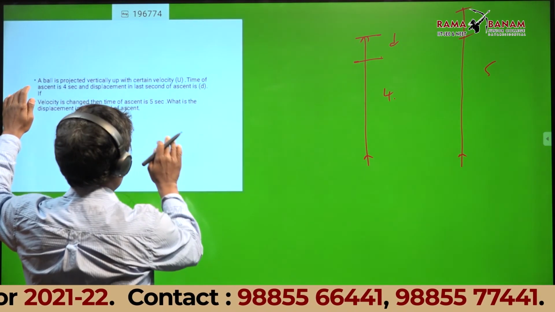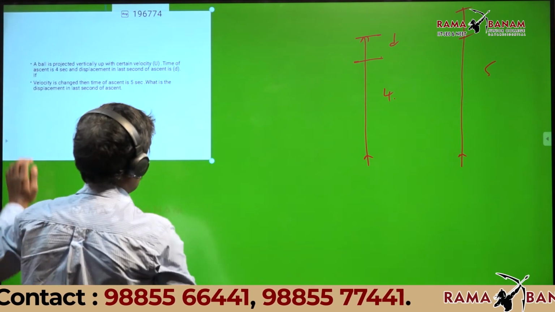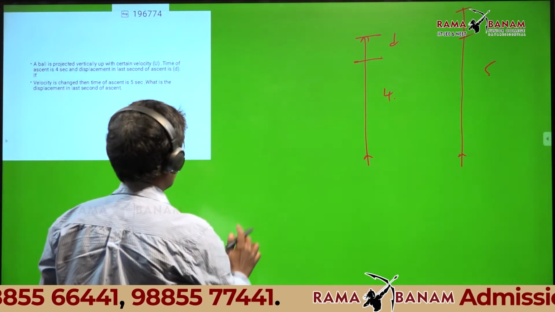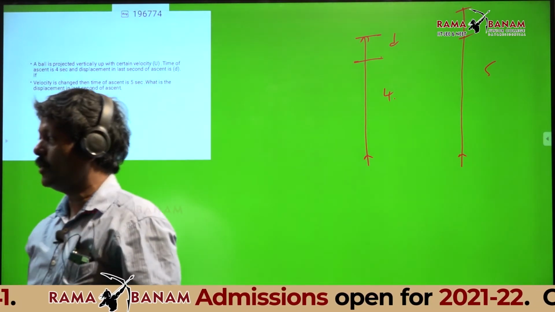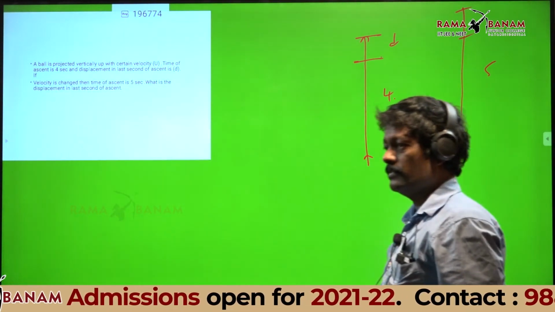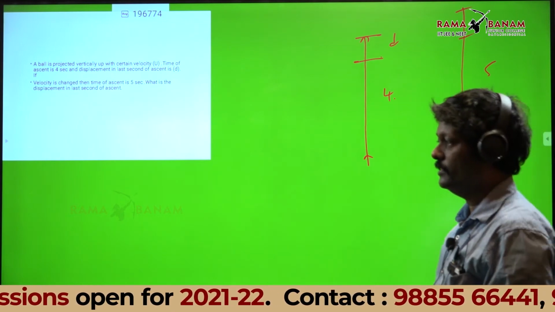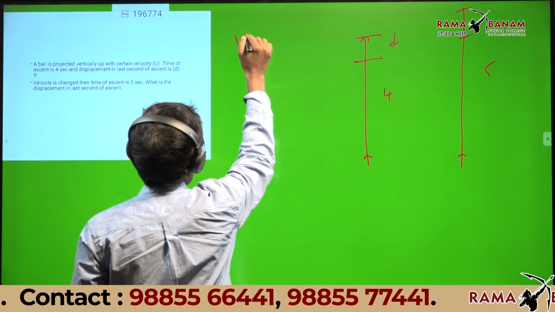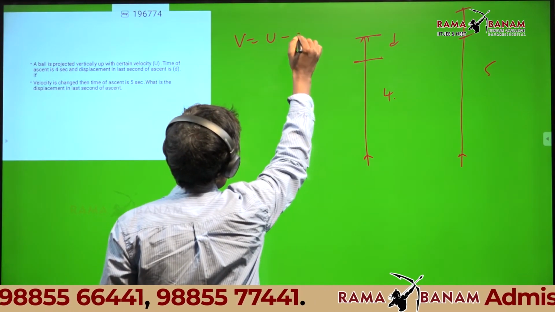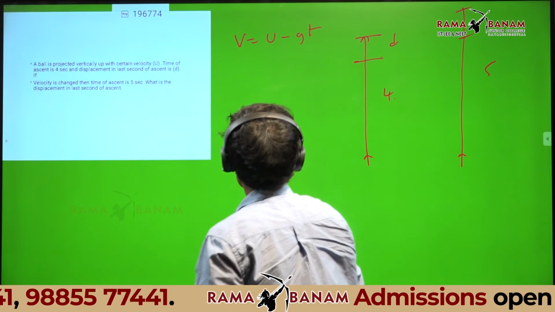Listen carefully. U by g. Very good. How do you get that formula? v equals u minus gt.